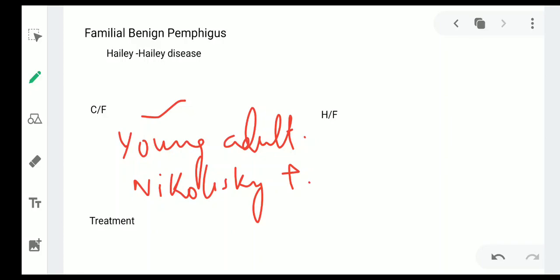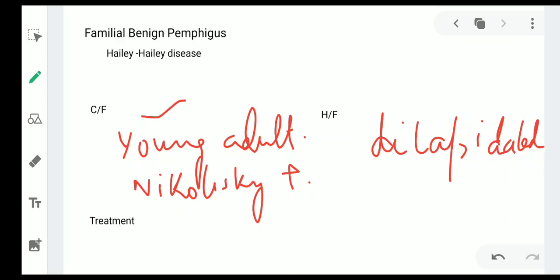Now coming to the histological features, more extensive acantholysis will be seen, and a dilapidated brick wall effect is seen in this disease.